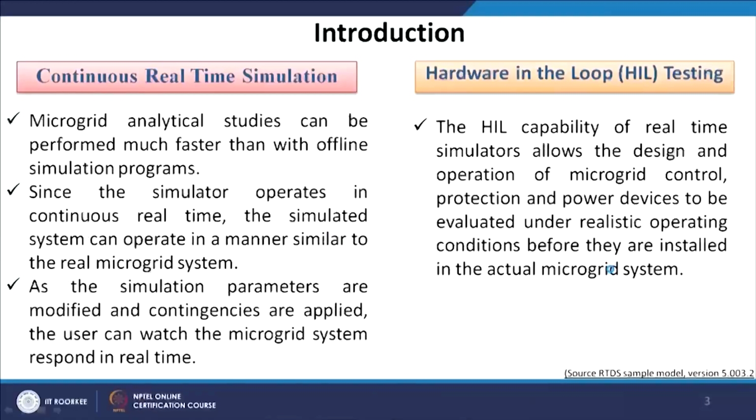Now, when we move to hardware in loop testing, the HIL capability of real time simulators allows the design and operation of microgrid control, protection and power devices to be evaluated under realistic operating conditions before they are installed in an actual microgrid system.